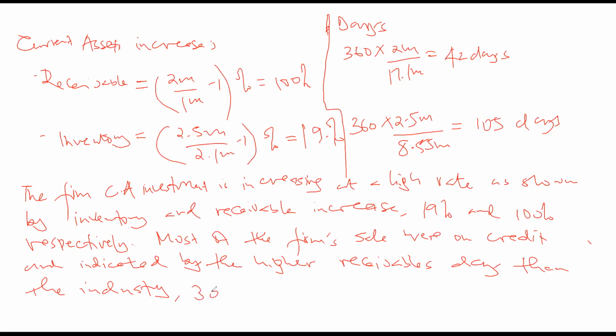The industry was 30 days and the company 42 days respectively. The same communication, you can use different words, but you need to indicate that the company is taking much longer to convert its investment, and it's making more of its sales on credit as opposed to cash. That's in the case of the receivable. Then inventory.